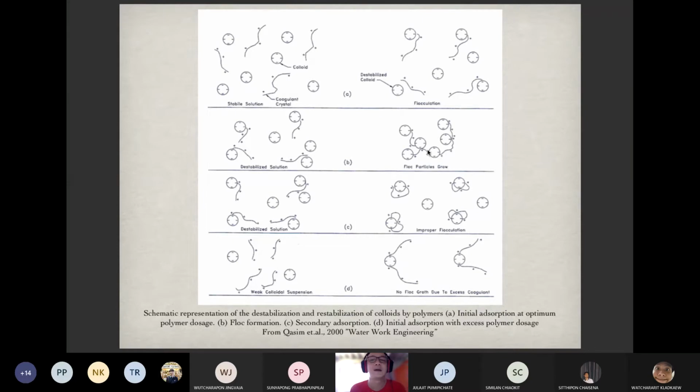So basically, it's the process we use to remove the colloidal particles. That is the definition of coagulation and flocculation.